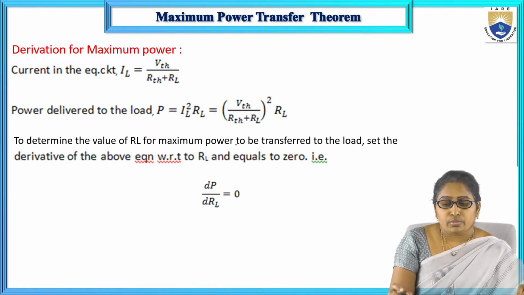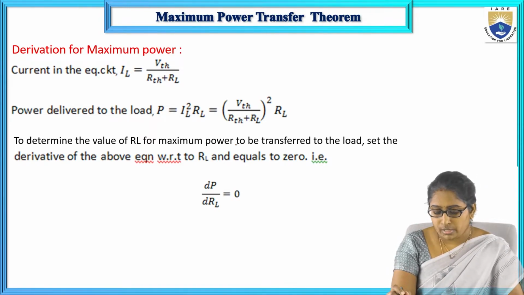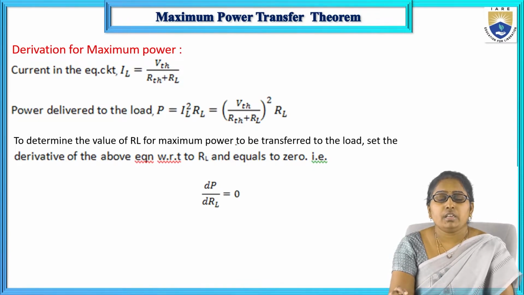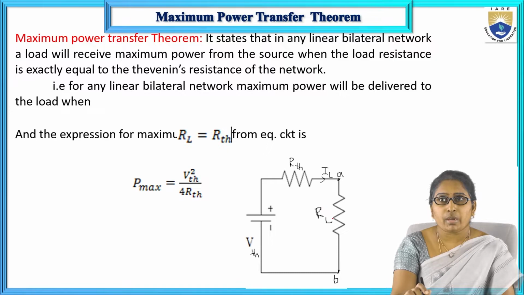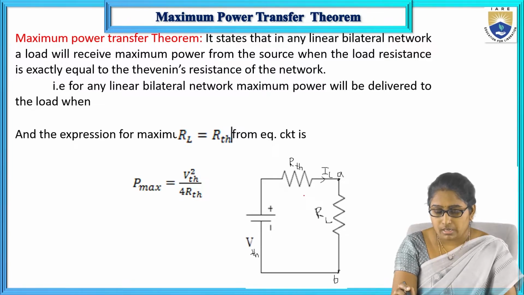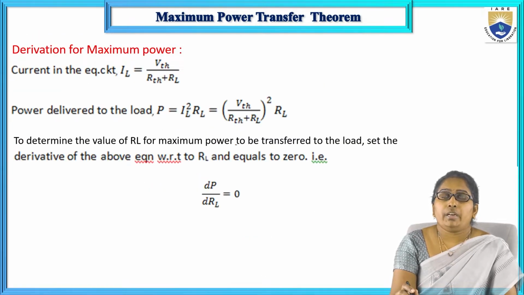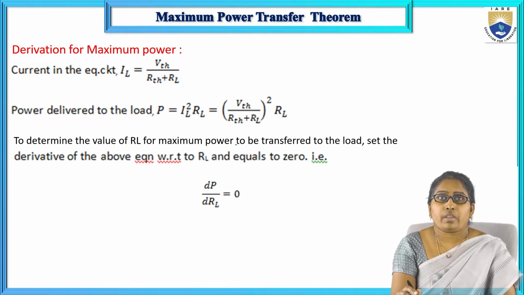For the previous circuit, the current in the equivalent circuit, IL, is given by VTH by RTH plus RL.